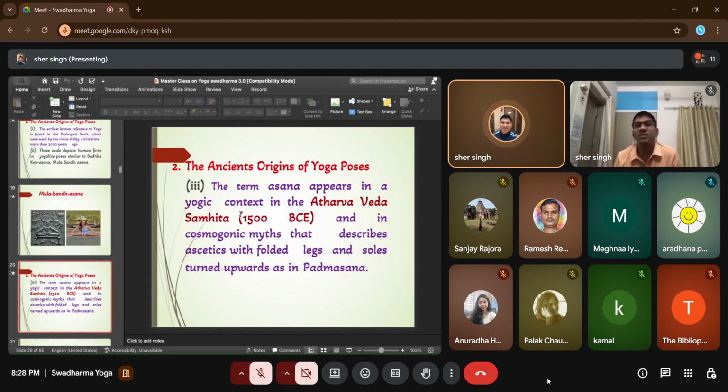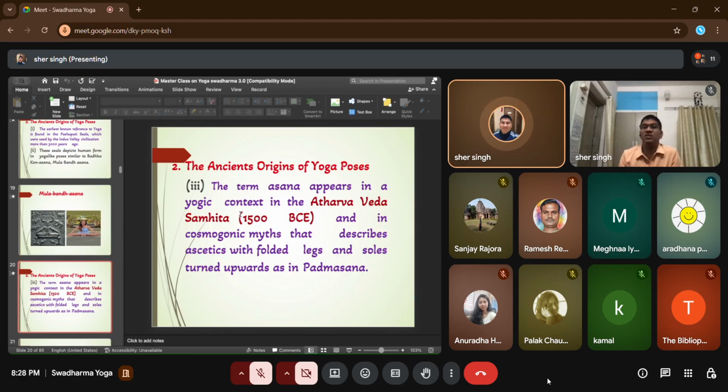Next, again the ancient origins of yoga poses. The term asana appears in the yogic texts in the Atharva Veda Samhita and in the cosmogonic myth that describes folded legs, soles, and padmas.